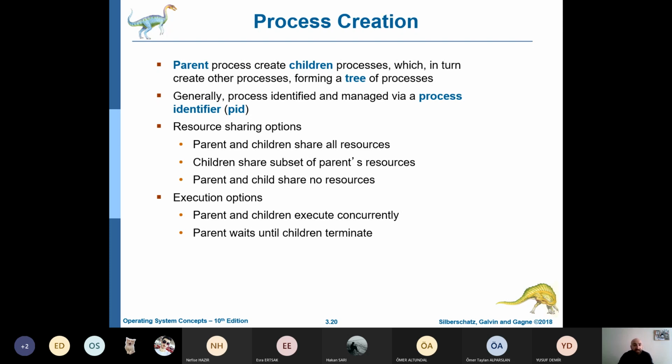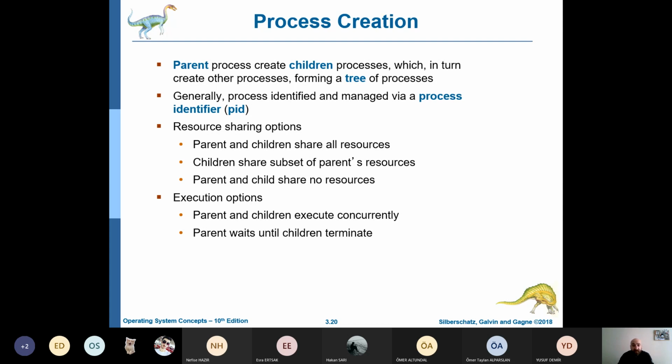A child process may be able to obtain its resources directly from the operating system, or it may get a subset of the resources of the parent process. The parent may have to partition its resources among its children, or it may be able to share some resources, such as memory or files, among several of its children.